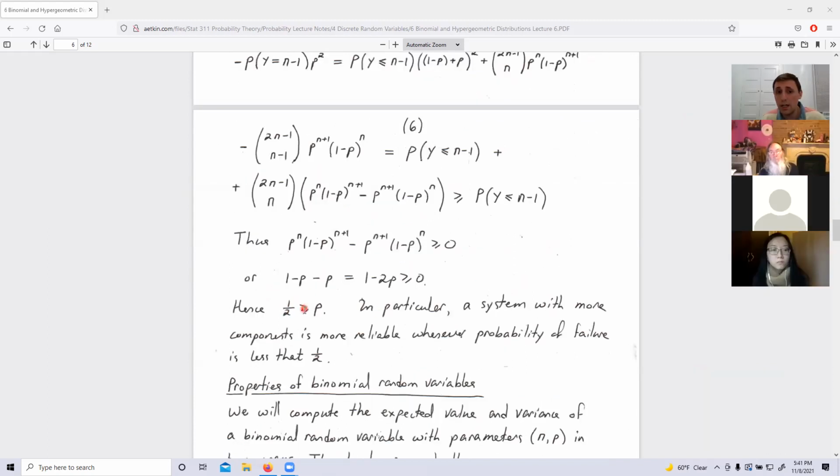So you want the probability of failure to be less than 1/2 for this type of system. Yes.